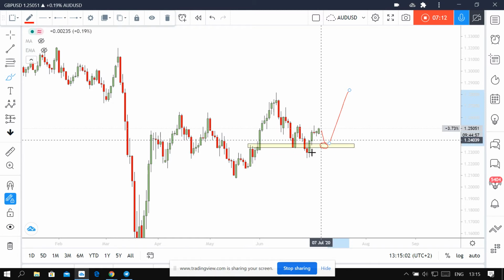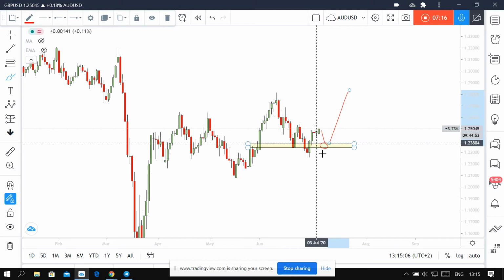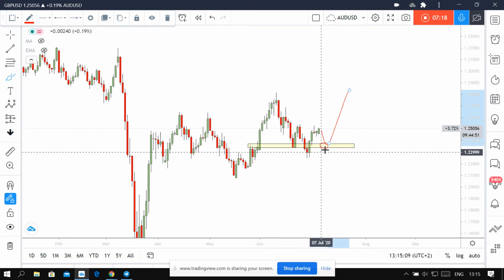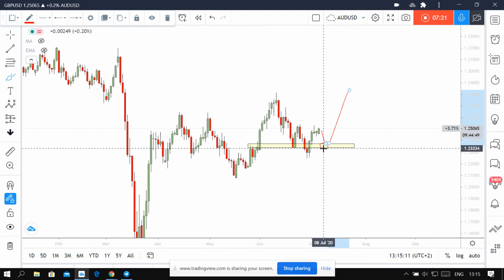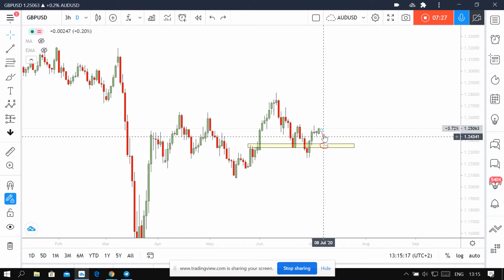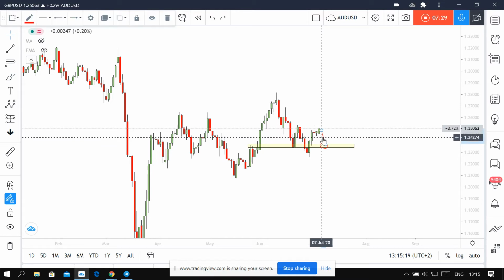So I'm expecting high liquidity at this specific support once we have this retracement, and that could actually build up momentum for price to actually break through that weekly resistance that we've highlighted on a weekly time frame. So this is what I'm actually looking for on my GBPUSD.